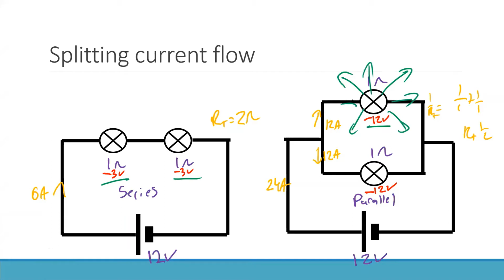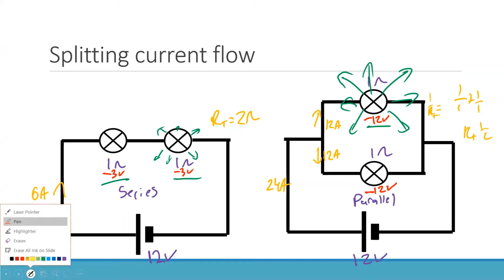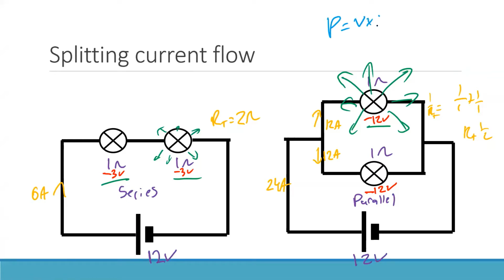And let's just explore one extra little thing here. We now have the ability to look at the power of a circuit because, leading up to this point, we've never been able to do this. I've never been able to teach it to students until now. Power equals voltage times the current.